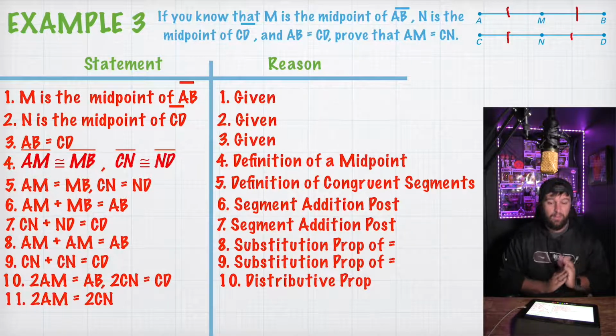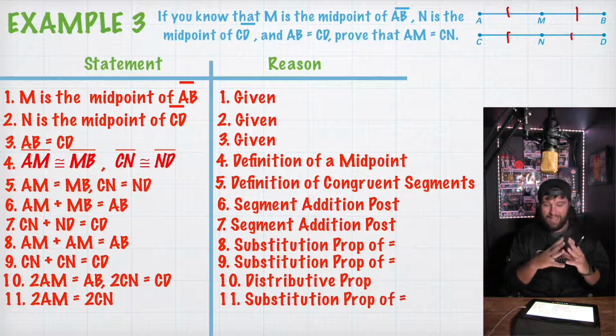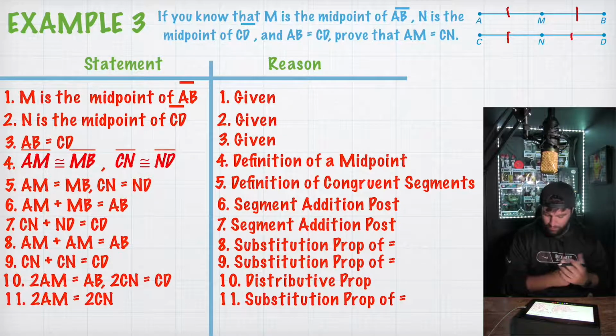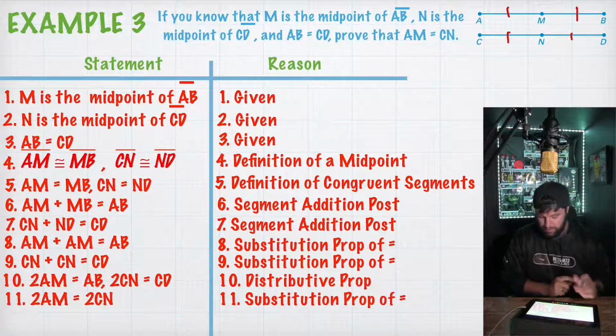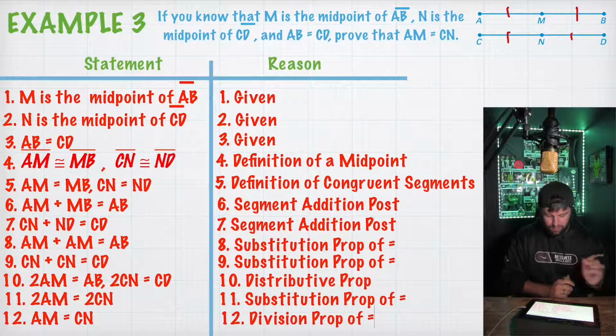Okay? The last step, we can take the 2's away. Because if we divided each side by 2, that would remove the 2's, right? So, AM equals CN. And the property we used was the division property of equality.